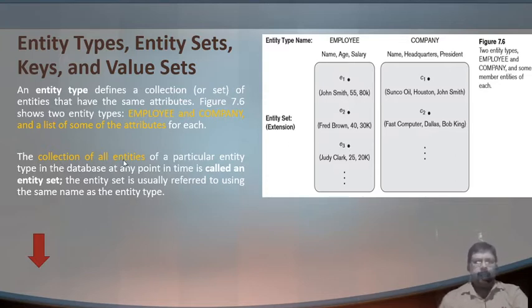You can say the collection of all entities of a particular entity type in a database at any point in time is called an entity set. These entity sets are also referred to with the same name as the entity type.